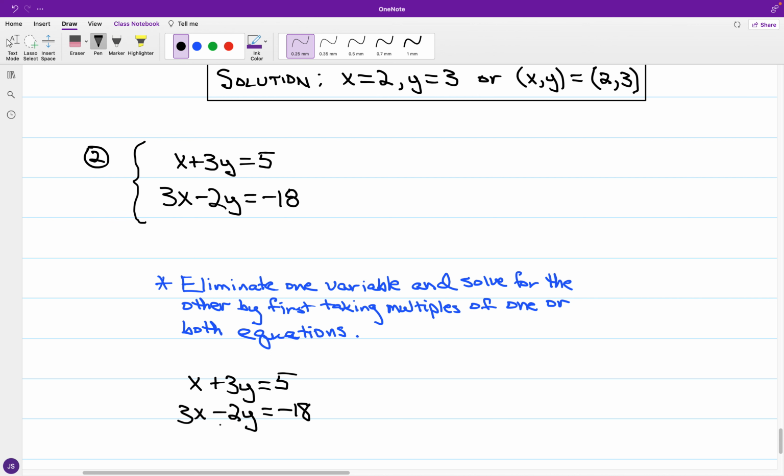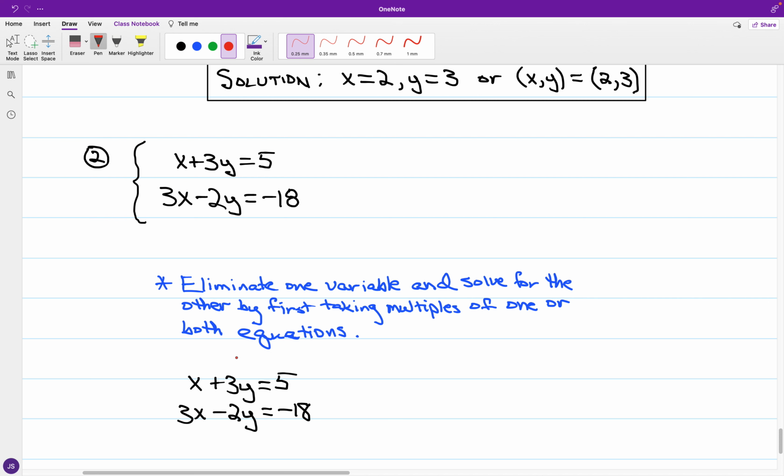Right now, x and 3x, if I were to add them together, you would have 4x. But let's say I wanted to eliminate the x and create the pathway to solving for y first. x will not eliminate 3x, but negative 3x will.